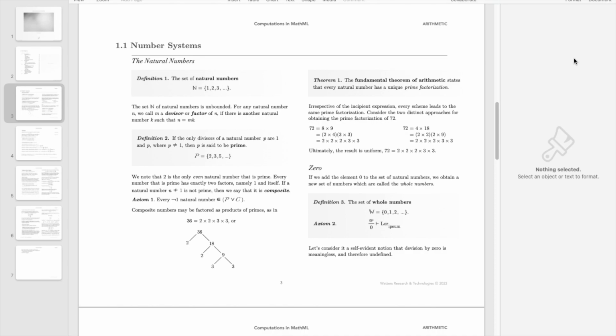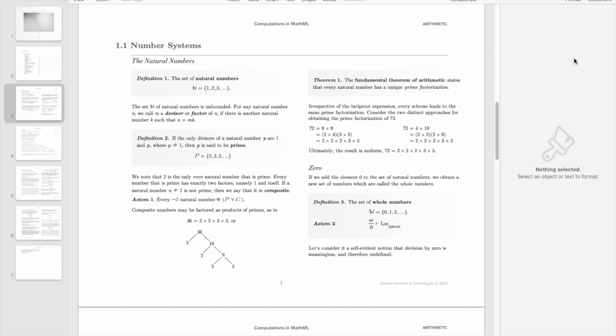Composite numbers may be factored as products of primes, as in 36 is equal to 2 times 2 times 3 times 3. And then we have a factorization tree, a prime factor tree.